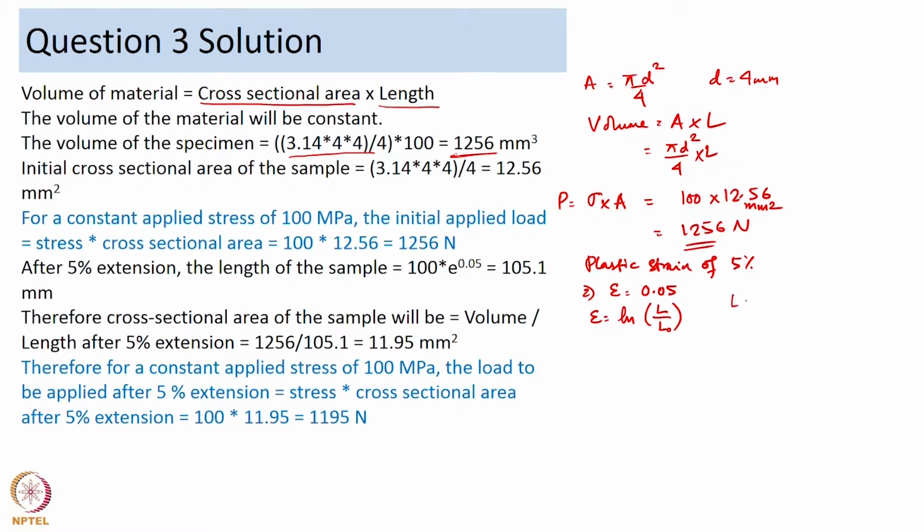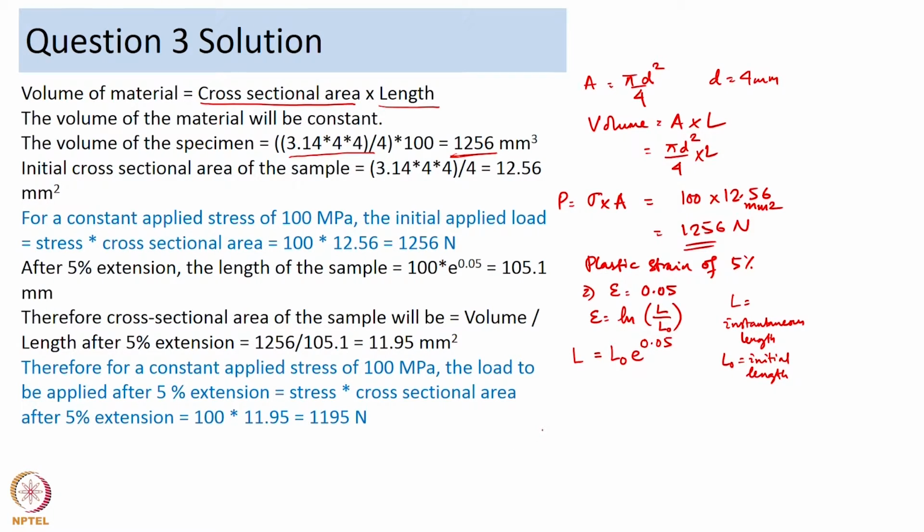L is the instantaneous length and L naught is the initial length. Therefore, L is going to be L naught into e to the power 0.05.